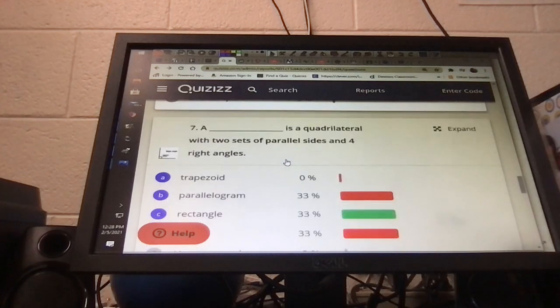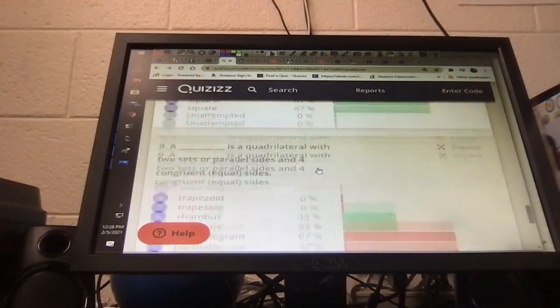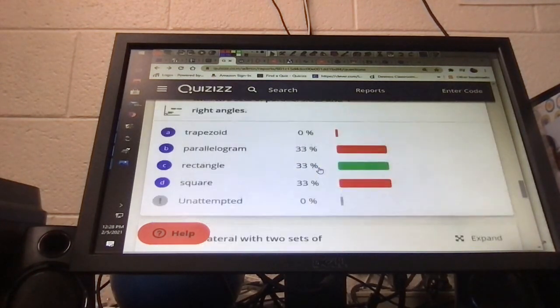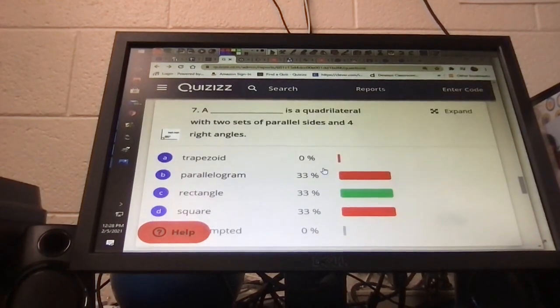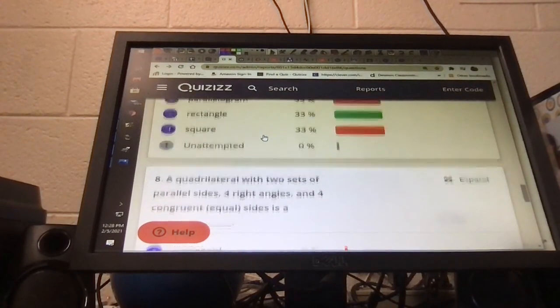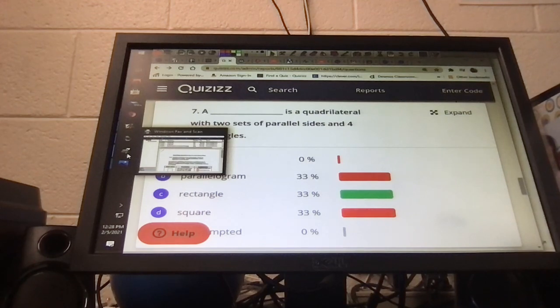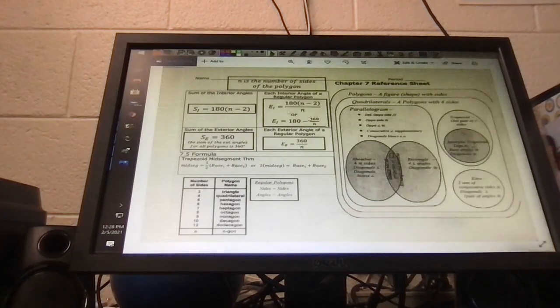All right, now here's where definitions I think are confusing people. So let's go over this because these next 3 questions, actually next 4, are all about definitions. What's important is that you understand the difference between a rhombus, square, and rectangle. Okay, this diagram says a square is a rhombus and a square is also in the rectangle bubble.